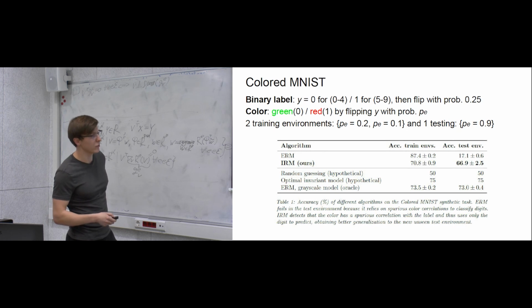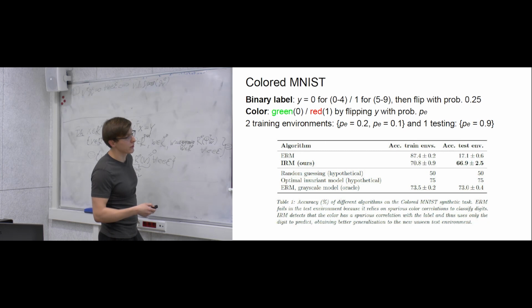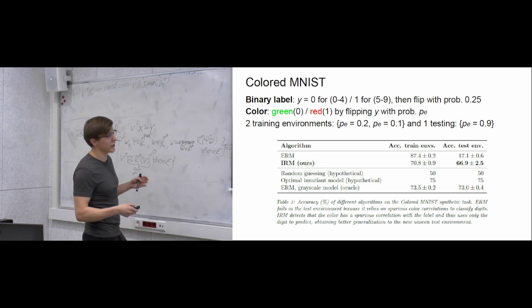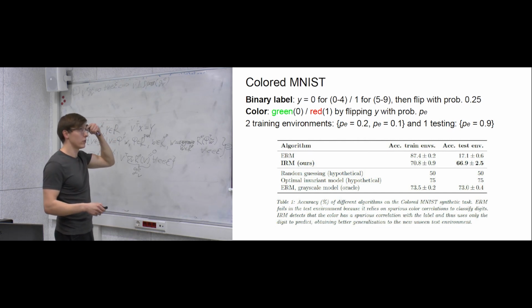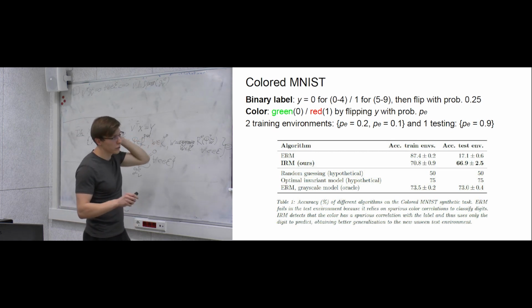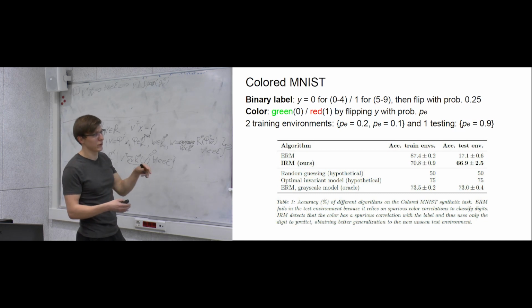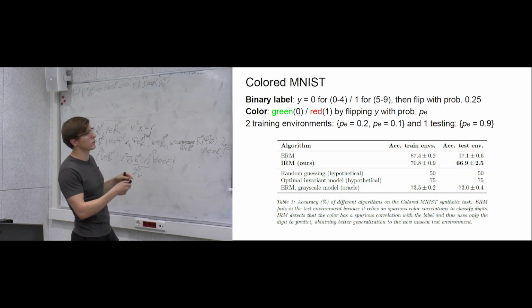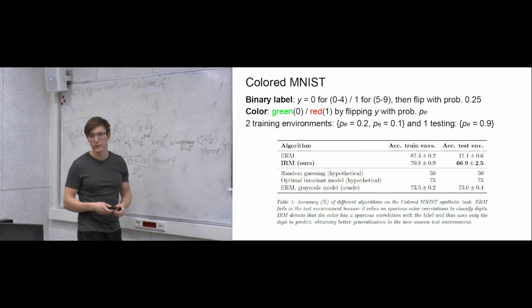Random guessing, which is 50-50 as always. Optimal invariant model, hypothetical: the best model could achieve 75% accuracy because we have this random noise in all environments. And they also provide an oracle model. It's like empirical risk minimization on top of grayscale images that do not contain the color, so they're invariant.